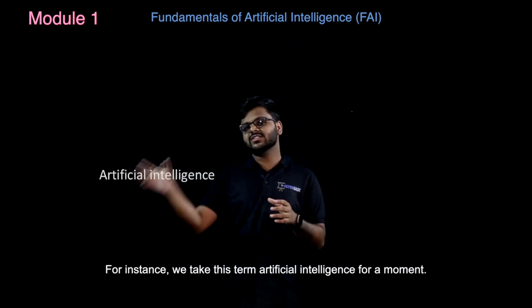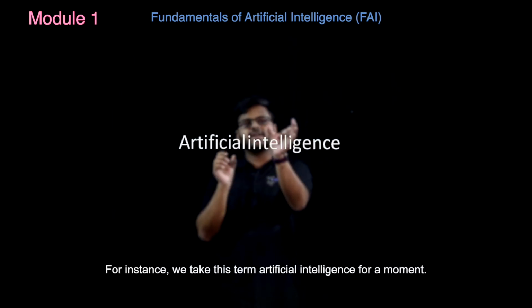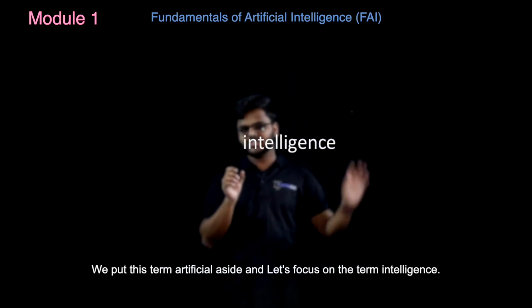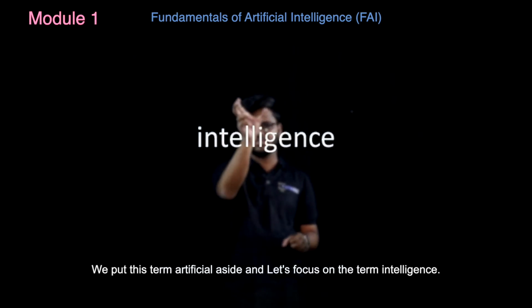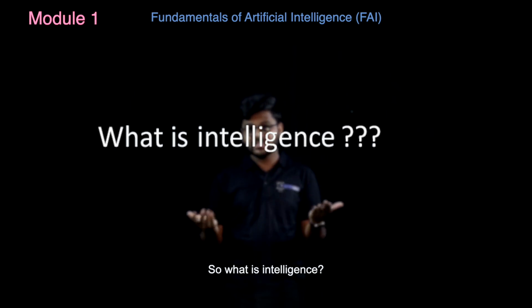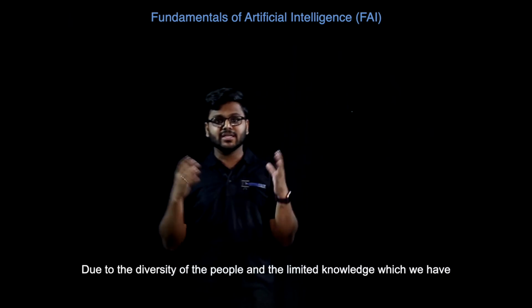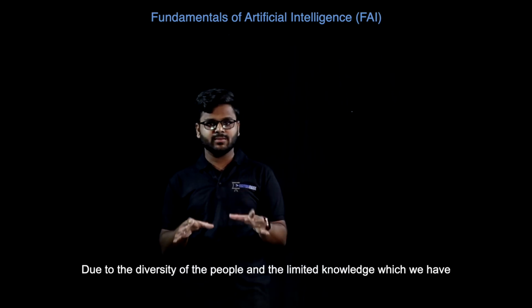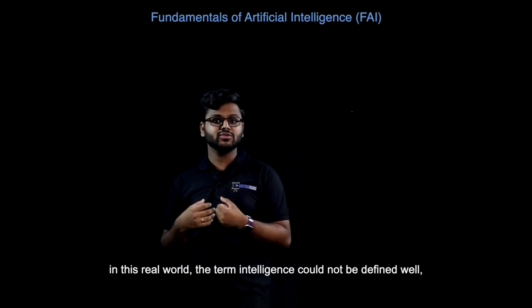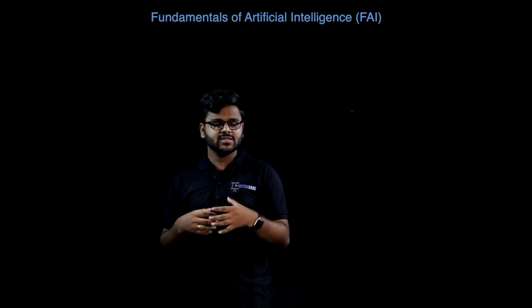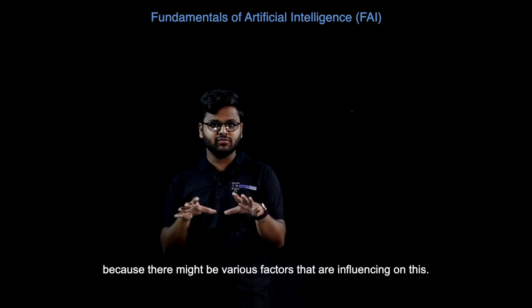For instance, we take this term artificial intelligence. For a moment, we put the term artificial aside and focus on the term intelligence. So what is intelligence? Due to the diversity of the people and the limited knowledge we have in this real world, the term intelligence could not be defined well because there are various factors influencing it.